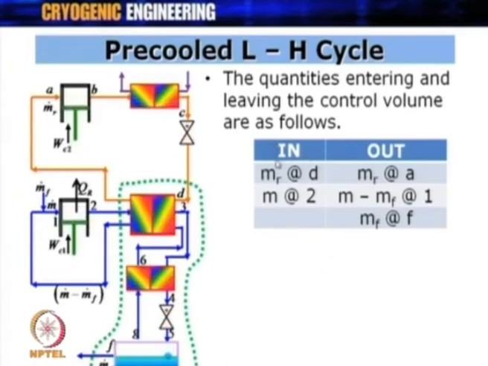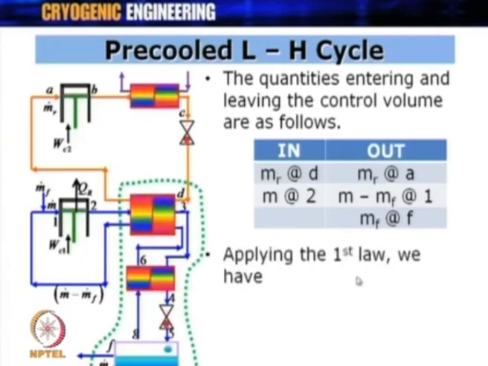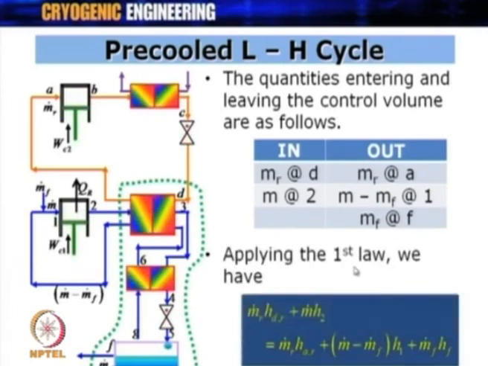So, we say that whatever is coming in is equal to whatever is leaving the system, and therefore, applying the first law, what we have is m dot r h d. We are taking enthalpies at various points, various temperatures and at respective pressures. So, m dot r h d r is the energy at this point which is entering the control volume, plus m dot h 2 which is entering at this point.